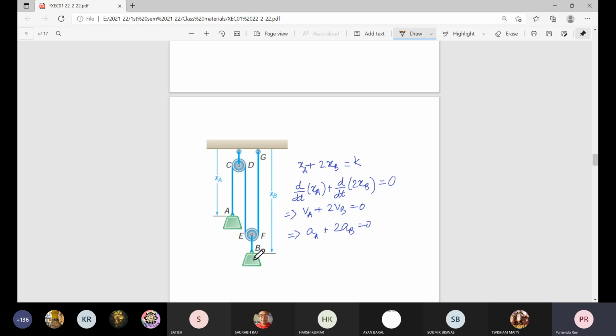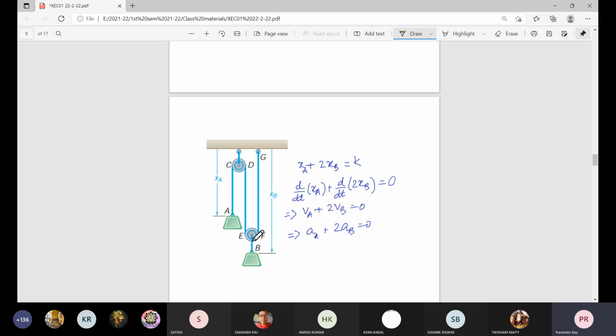Now, if we are not interested about the kinetics part, that is the self weight, whether there is any applied external force or not, what will be the situation, whether it will be resting in its position or block A will start moving downward, helping block B to move upward, etc. We forget about that part, but at least if there is any movement, what will be the relation between the movement of A and B?